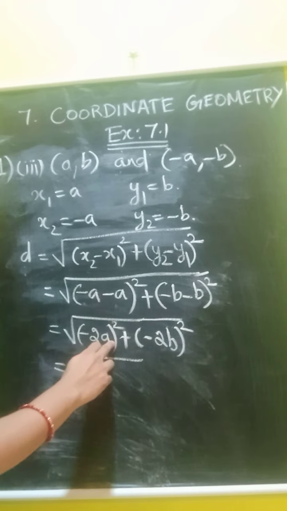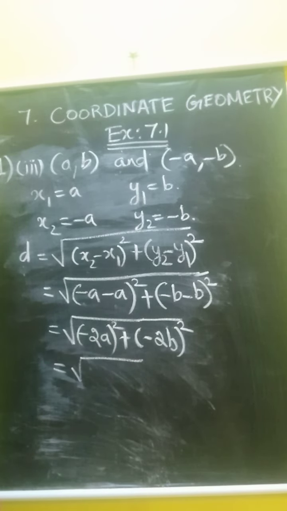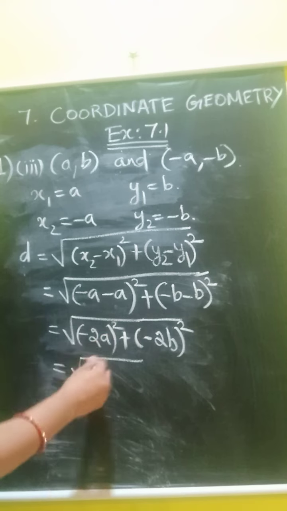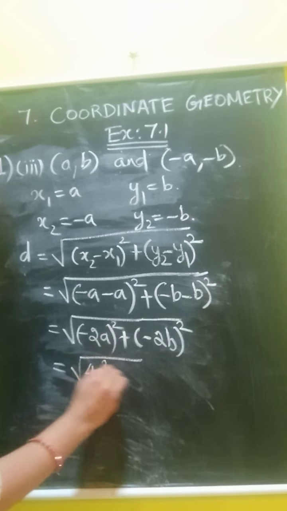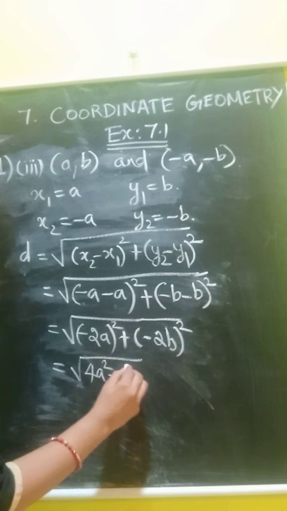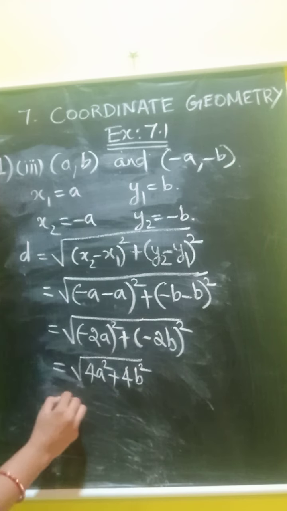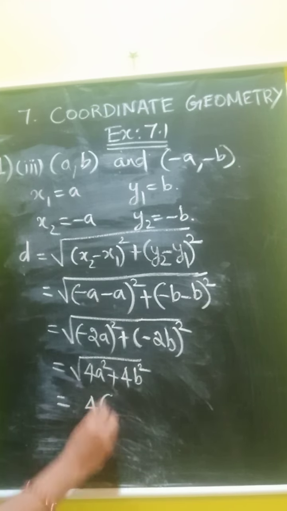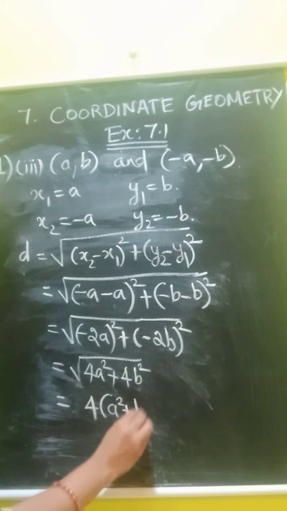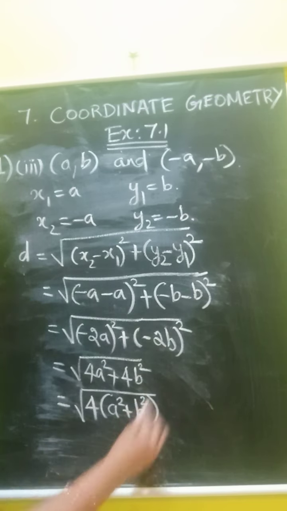Minus 2a the whole square is 2a square. So 2a the whole square is 4a square plus 4b square. So we can take 4 as common. 4 into a square plus b square all within square root.